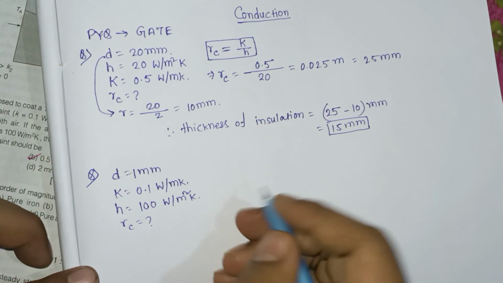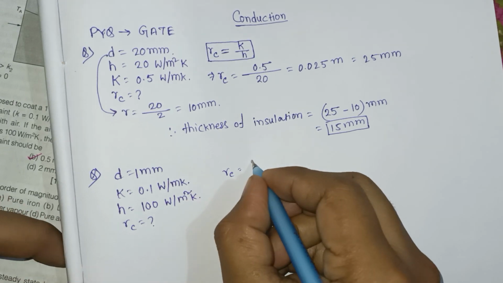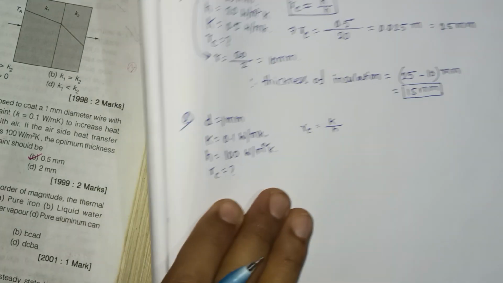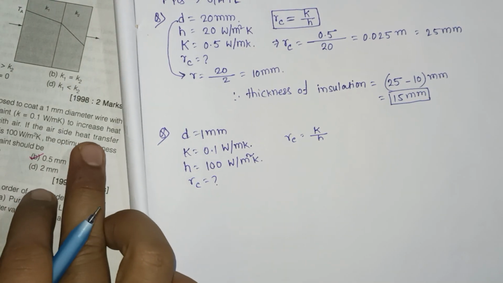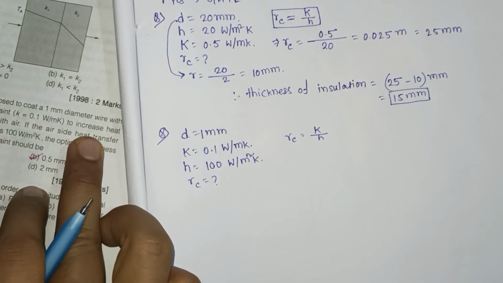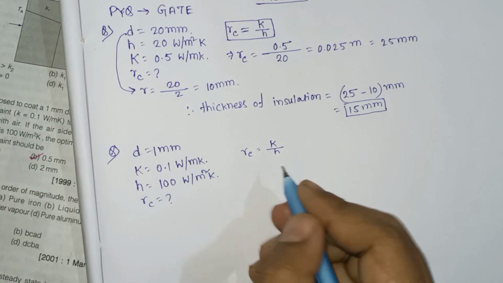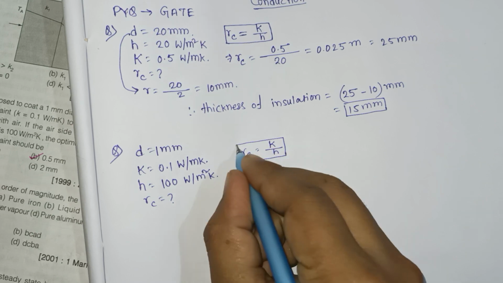Again the RC formula is K by H. This RC formula is valid for a cylinder.